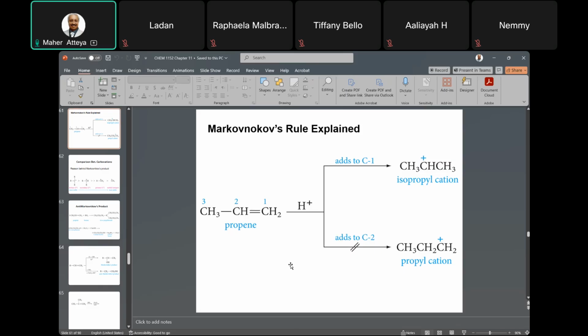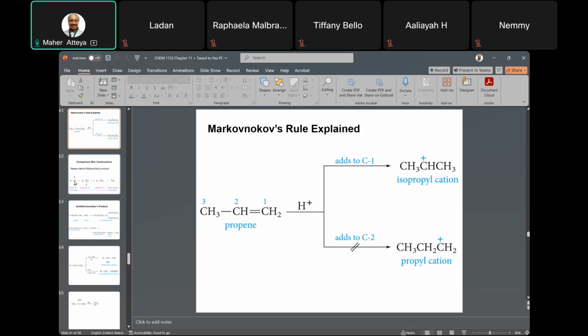Primary will not be observed because that's not stable. So Markovnikov will tell you that opening up the double bond should yield the molecule according to the rule: tertiary carbocation is more stable than secondary, than primary.